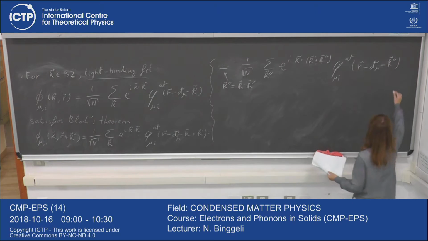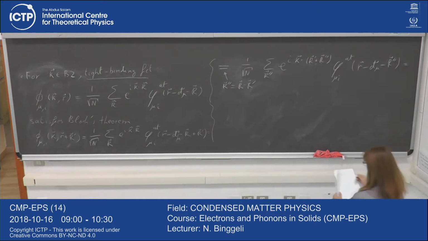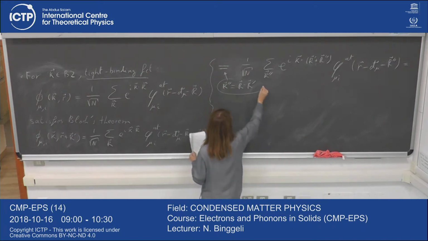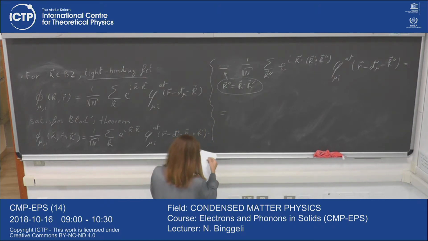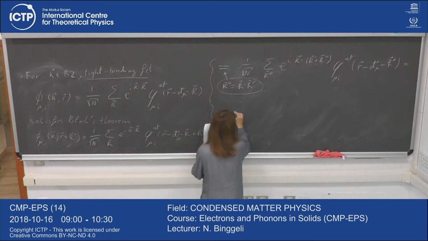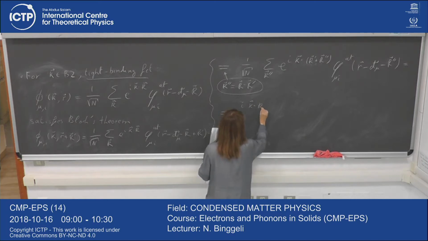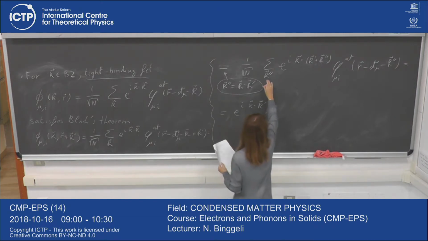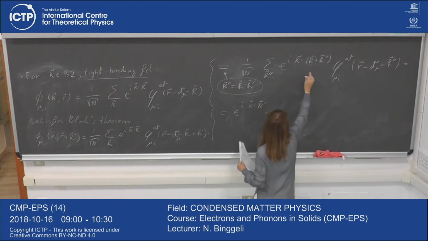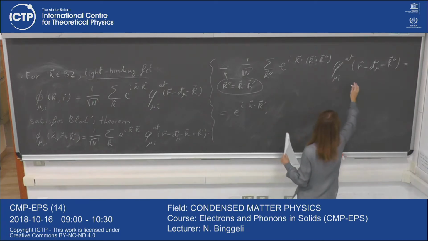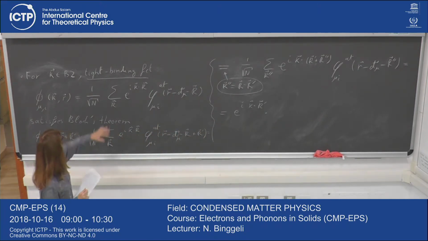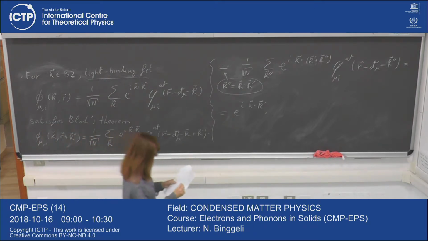Okay, so this is equal now to exponential I k times r prime times what remains, which is the sum over r second prime of exponential I k r second prime times my atomic function in the cell r second prime, and this is exactly my initial state.